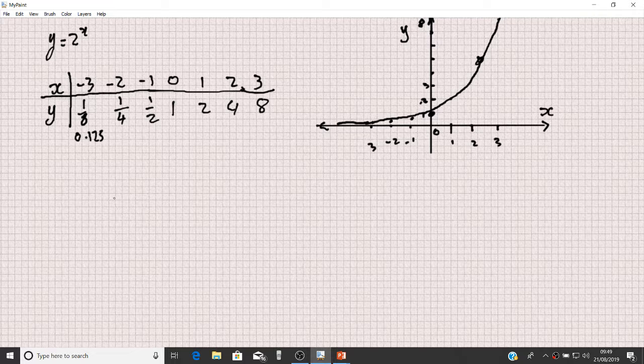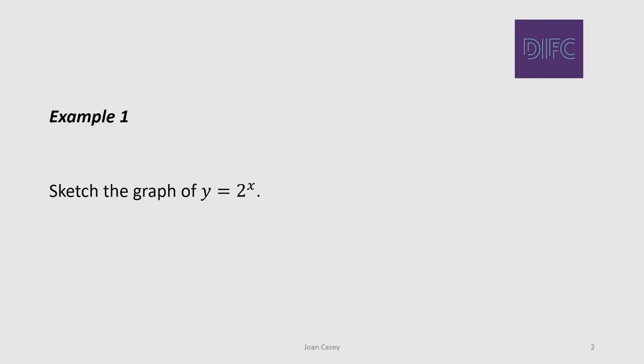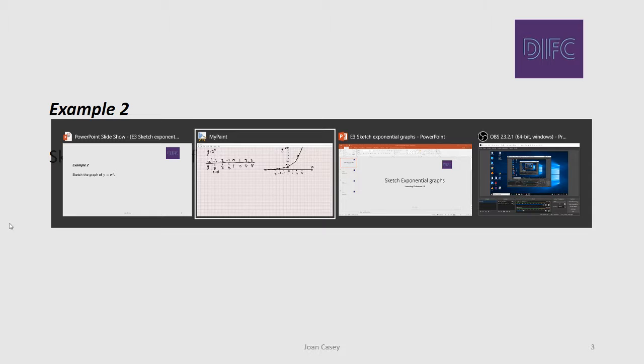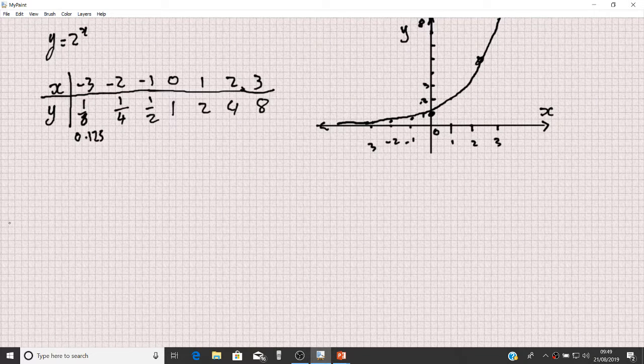Okay, so let's look at the next example. This time we're going to sketch the curve of y equals e to the power of x. In a similar way, we're going to take a look at a range of values in a table.